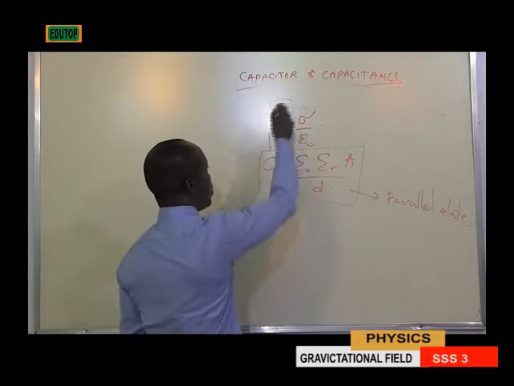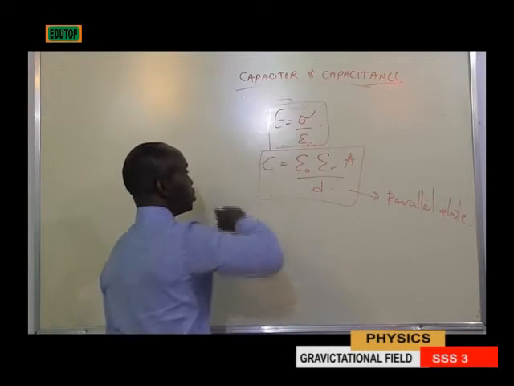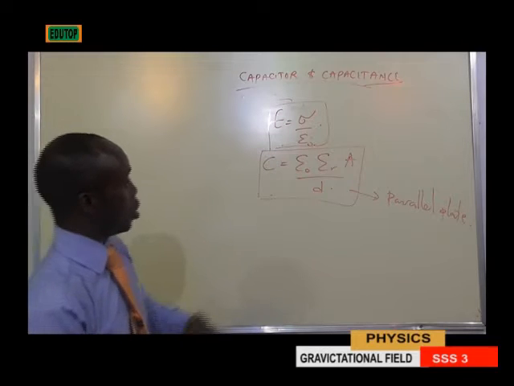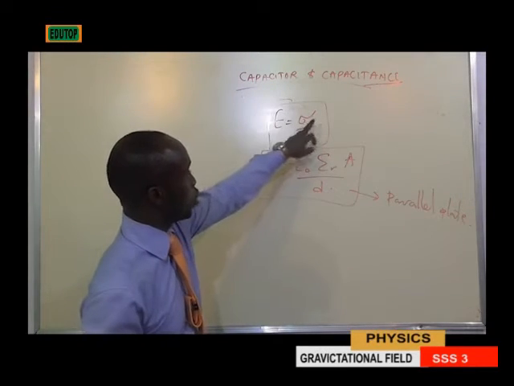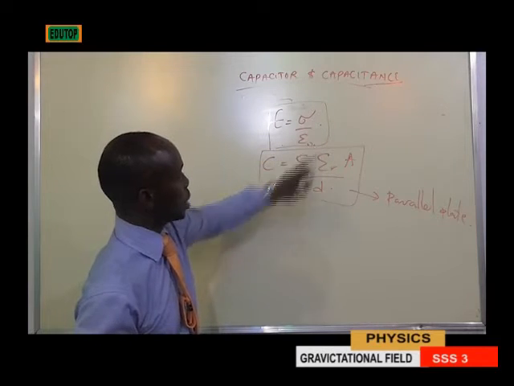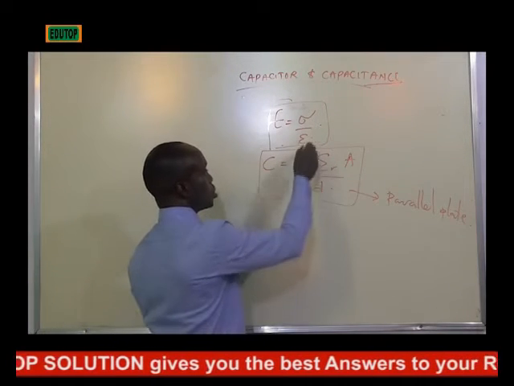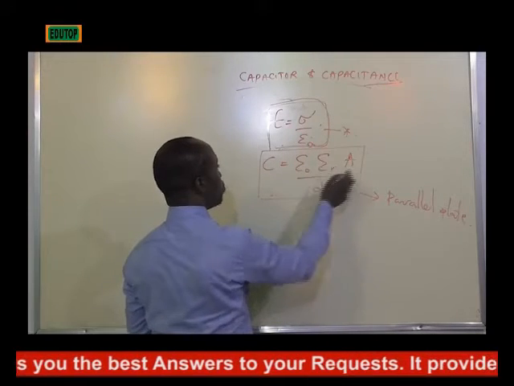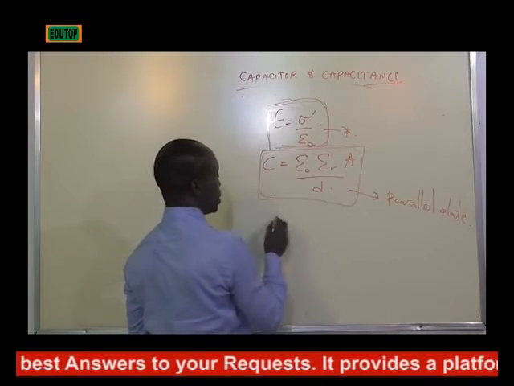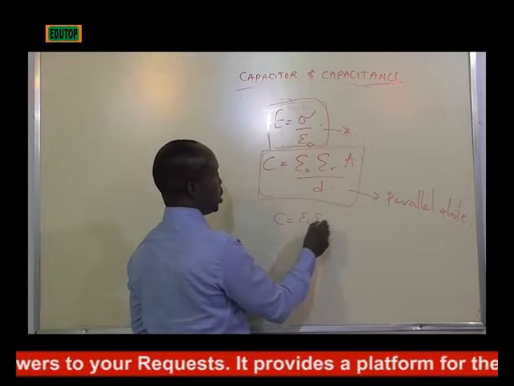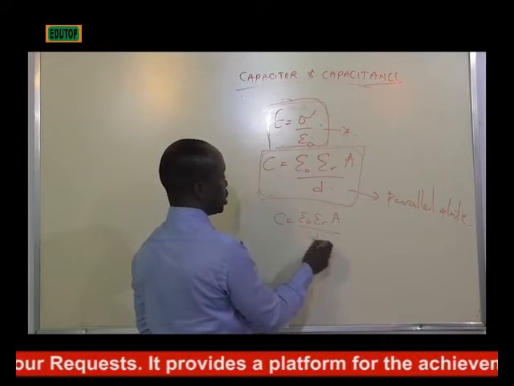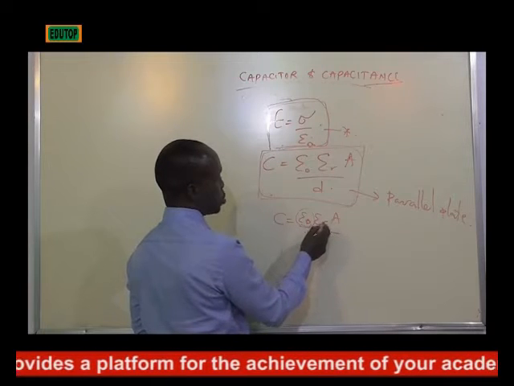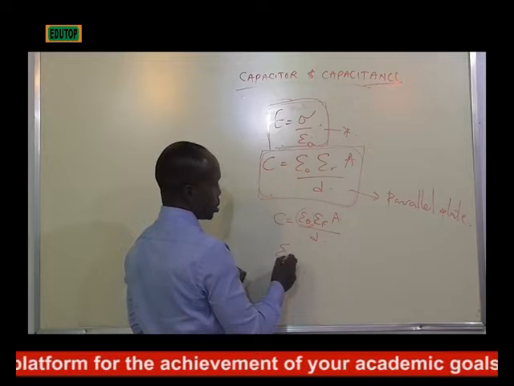The electric field can be given as rho over epsilon, your E naught. This particular formula is not actually given, but the capacitance of a parallel plate is given as E naught ER A over D, where E naught is the permittivity of free space, and this is the relative permittivity.